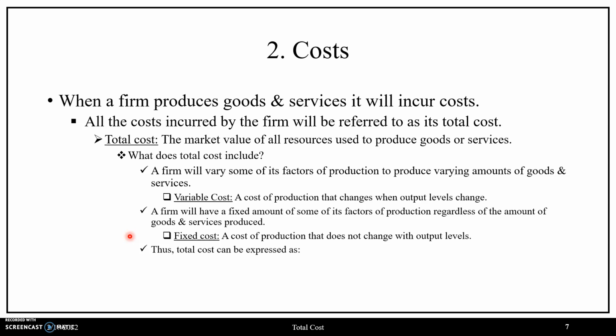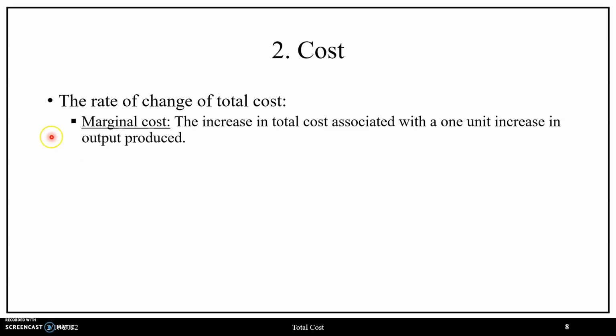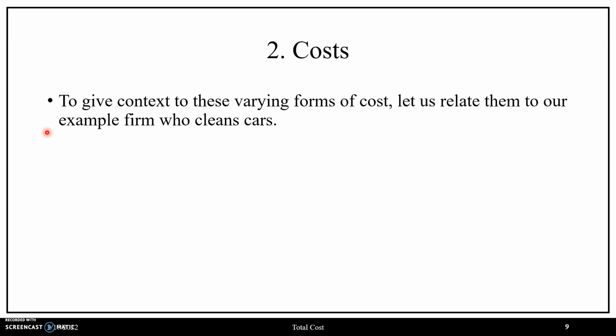So then, given these two components, we can then express total cost as the sum of fixed cost and variable costs, where, with total cost in mind, we can also examine the rate of change of cost through marginal cost, which is going to be the increase in total cost associated with a 1 unit increase in output produced. It's going to be the rate of change of total cost as mentioned, which then translates mathematically to being the slope of the total cost curve.